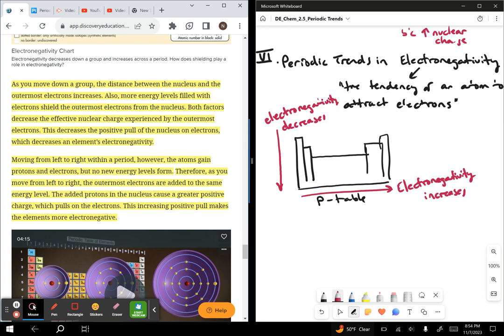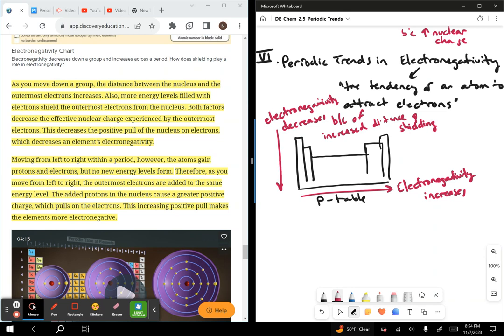So you have both increased distance from the nucleus to the electrons, and shielding.